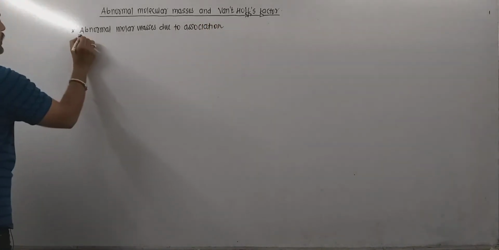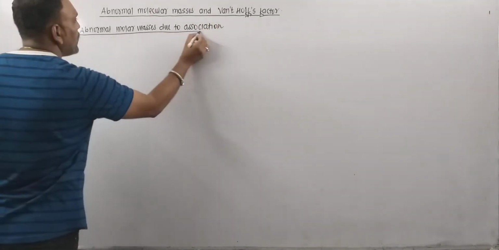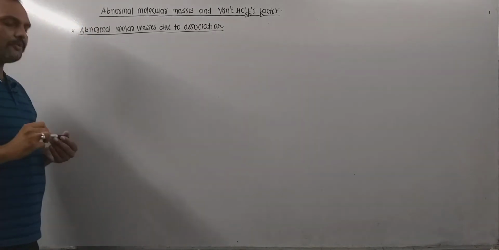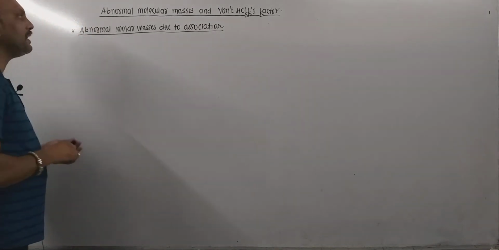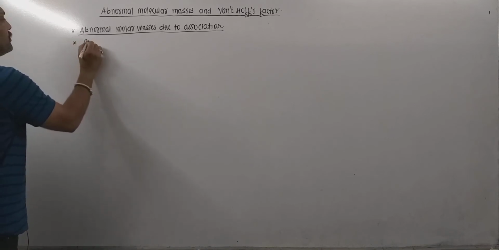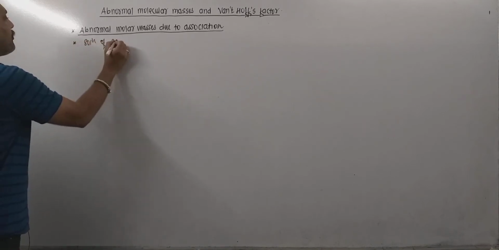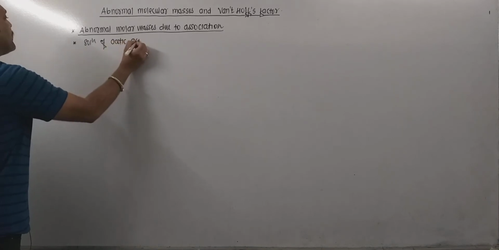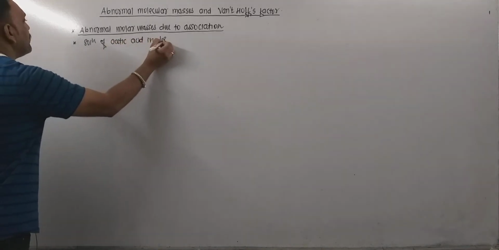Now let's consider that the solute in solution undergoes association. A familiar example of this type is the solution of acetic acid in benzene.